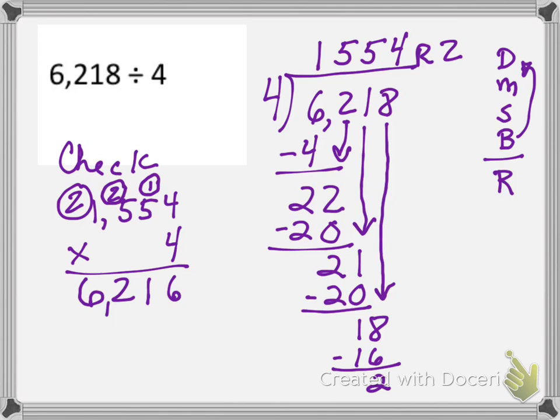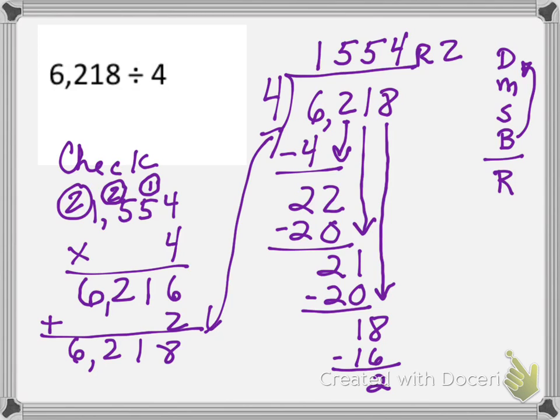But do not forget that we have a remainder 2 that we need to add on. 8, 1, 2, 6,218. And we've got a match.